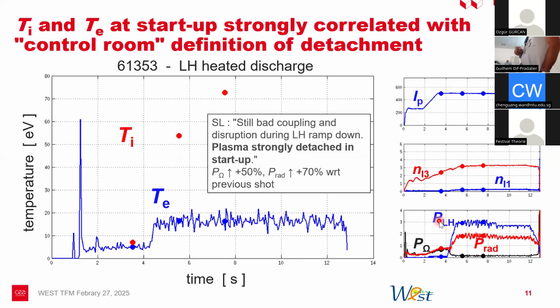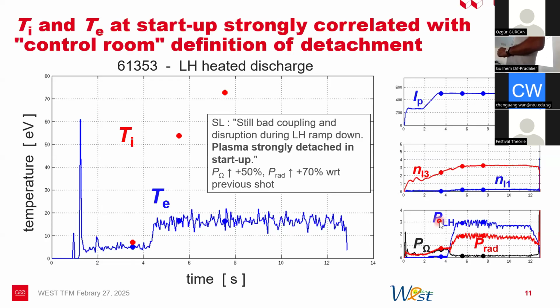So the ion temperature and the electron temperature during the startup phase of the discharge are strongly correlated with the control room definition of what we call detachment. In the early phases of a discharge, if there's too much, let's say, tungsten in the core plasma or some other impurities, it's difficult to get the core electron temperature above what is needed to be resistant to tungsten radiation.